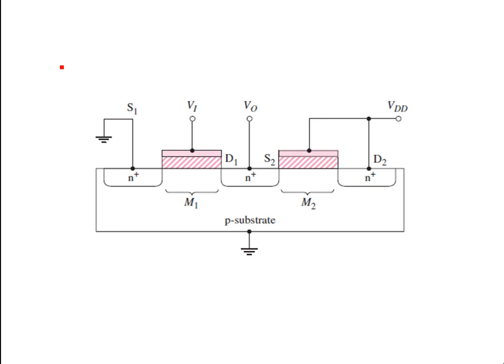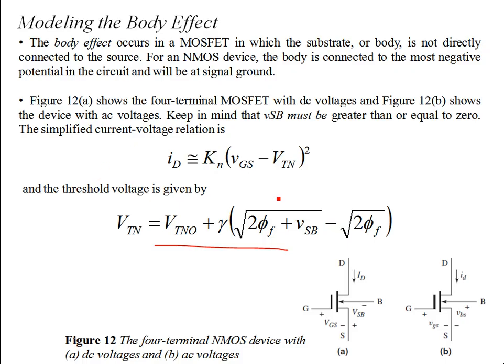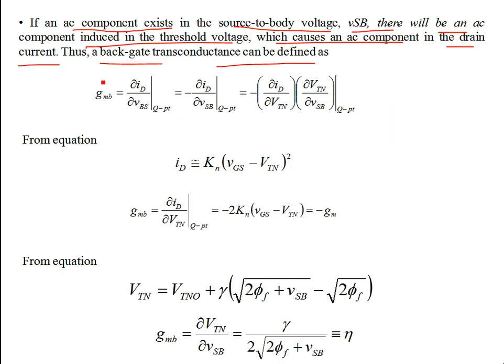So what we're going to do is include this effect in the small signal model. We find a back gate transconductance parameter given by gmb.